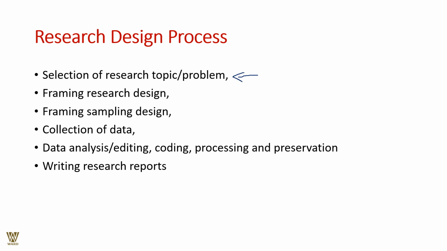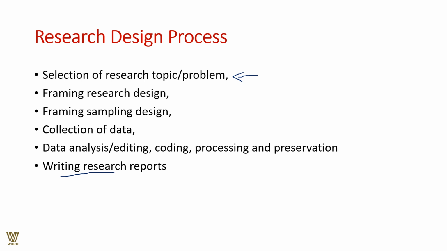Last but not the least is writing the research report that becomes the fulcrum of the research, where you want to give your output for the consumption of the general public and the scientific community, or perhaps the research community who are more interested in this. So yes, the research design process is a step-by-step process of selecting the topic, framing the design, taking a decision about the sample design that we are looking into.